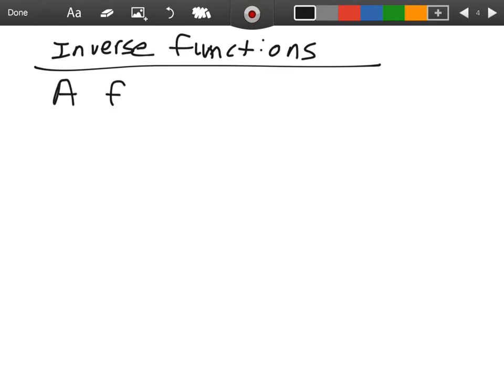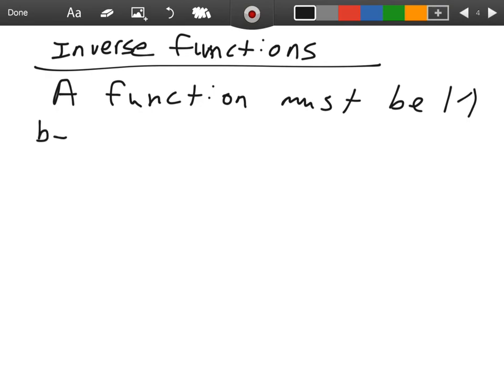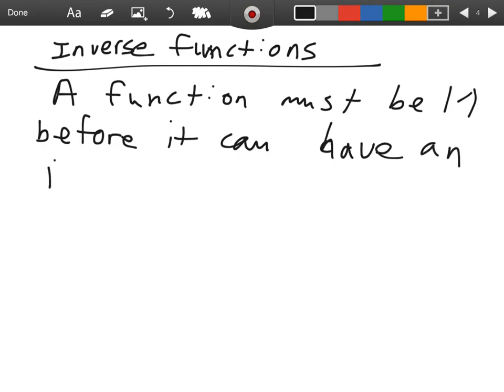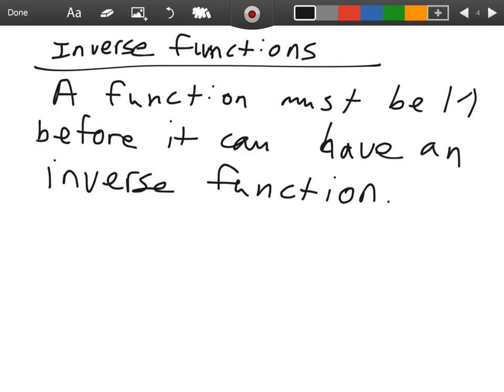A function must be 1-to-1 before it can have an inverse function. Okay, let me explain why.